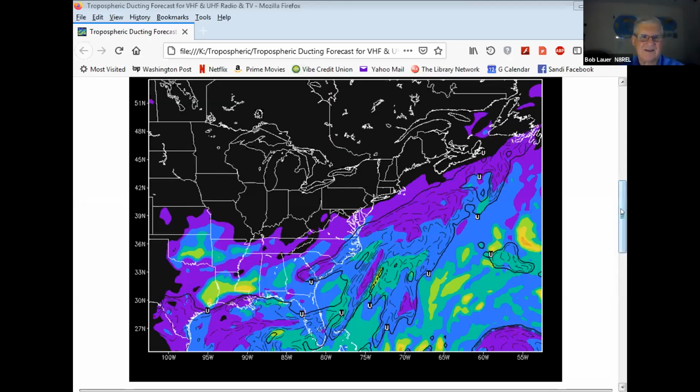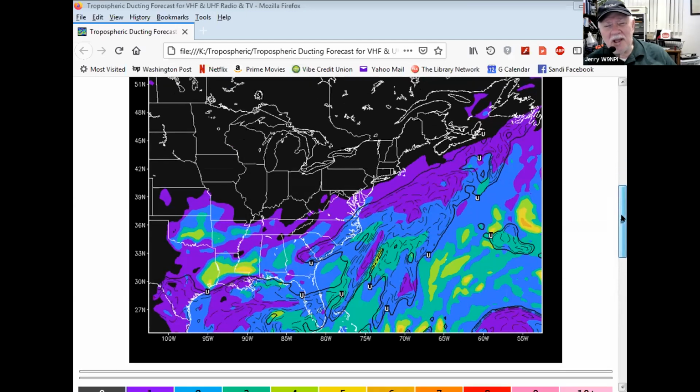Tropospheric ducting is a case where, usually in the tropical or southern areas, you have a layer of warm air on top of a layer of cold air, and somehow that takes radio waves and bounces them. This is a map.